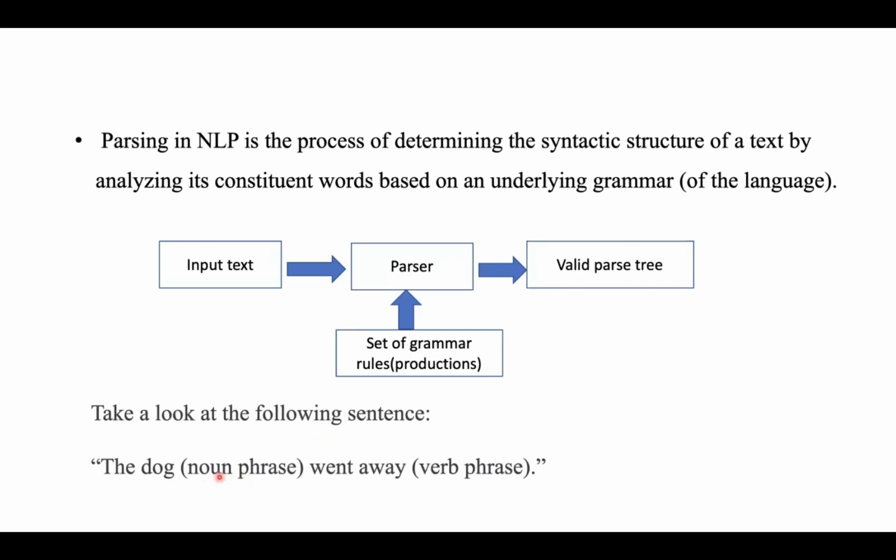So, the dog went away. That is our sentence. First, note how we can combine every noun phrase with a verb phrase. Again, it is important to reiterate that a sentence can be syntactically correct but not make sense.